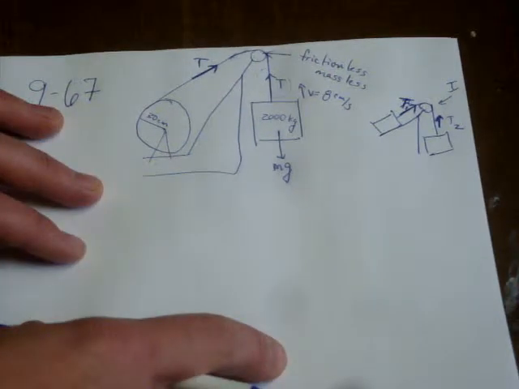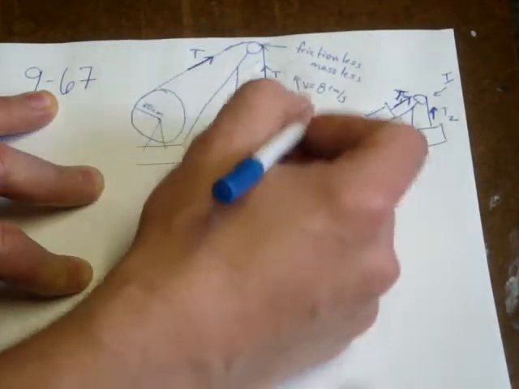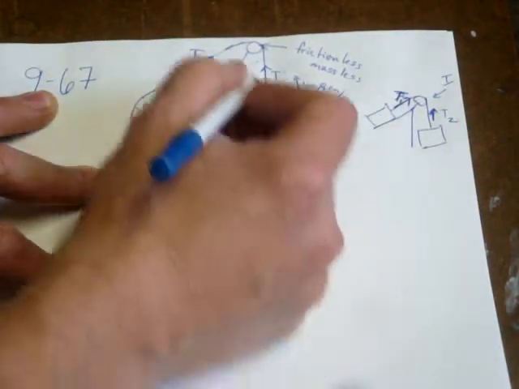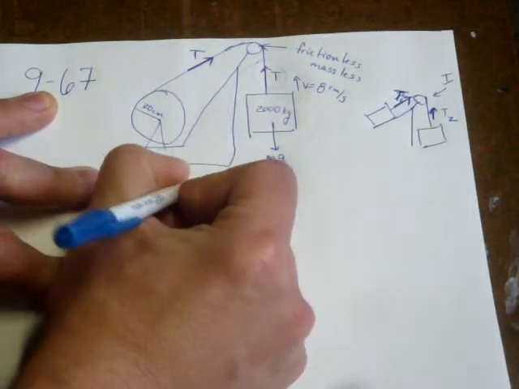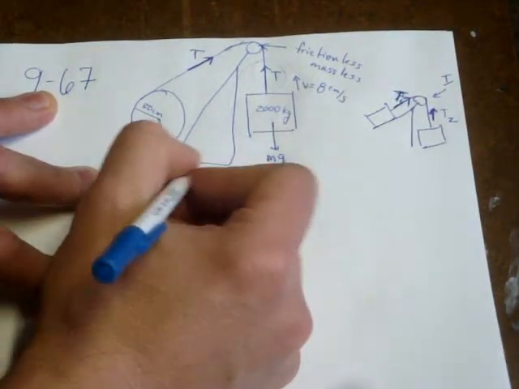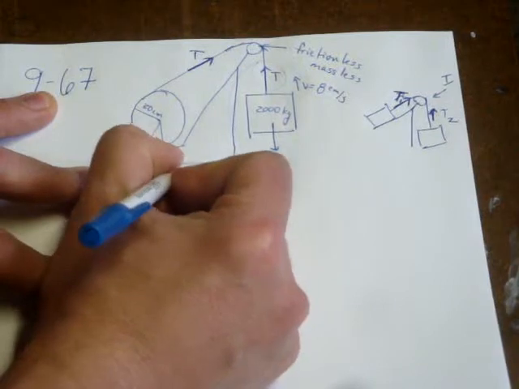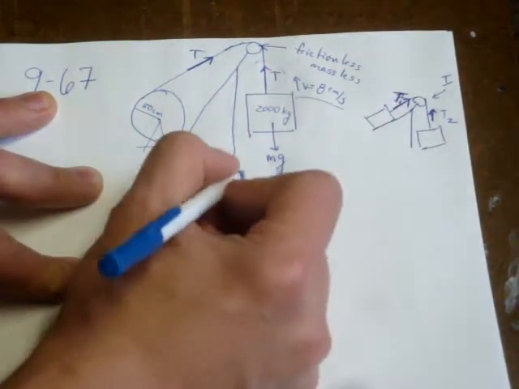Excellent. All right. Well, we know that we can write a Newton's second law equation for this object over on this side, which is simply that the sum of the forces, or the net force, is equal to the mass times acceleration. The acceleration in this case is equal to 0 because it's moving at some constant velocity.